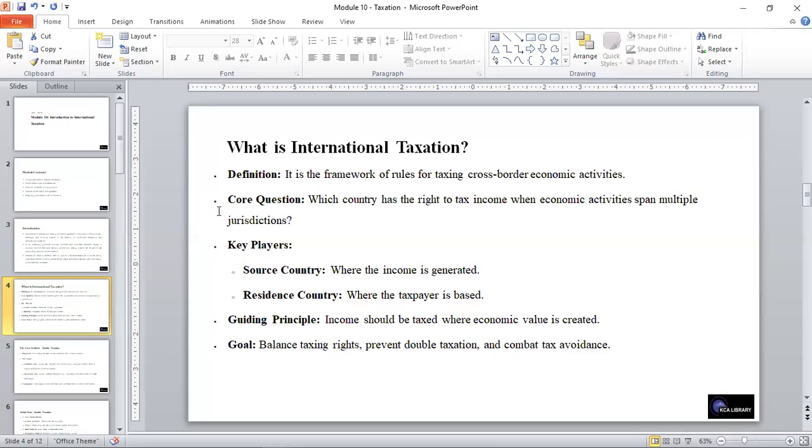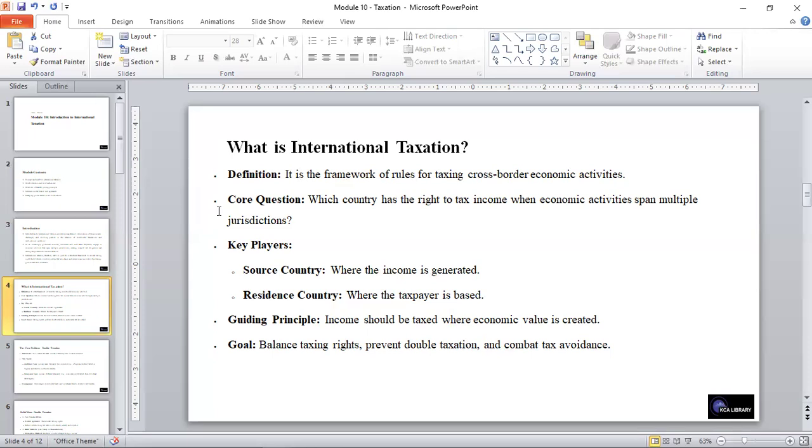The core question being asked is which country has the right to tax income when economic activities span multiple jurisdictions. From there, we see the key players. The first is the source country, and the second is the residence country.